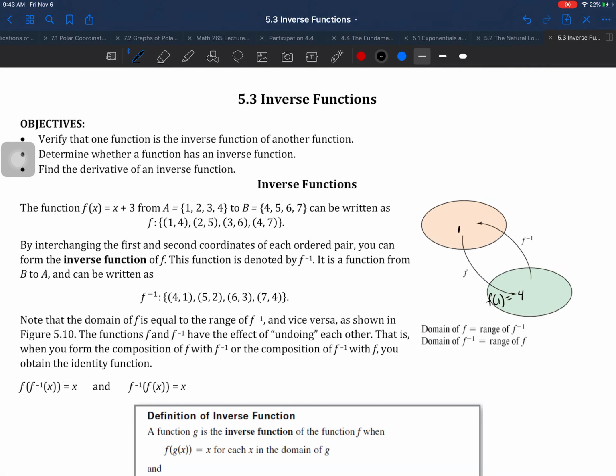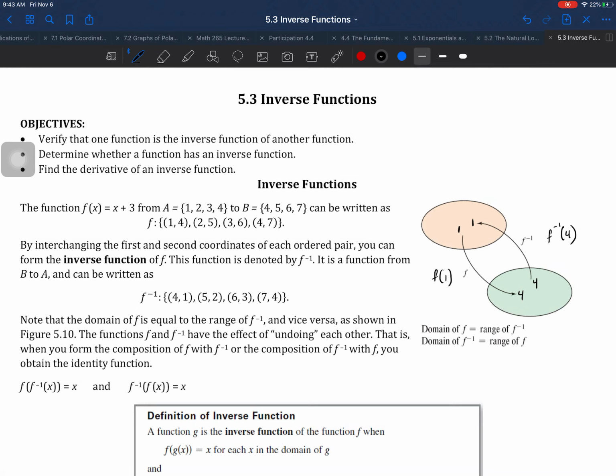Sort of like a portal, it took 1 and mapped it to 4. Well, what's happening over here is taking 4 and mapping it back to 1. So the inverse of 4 is being mapped back to 1, right?